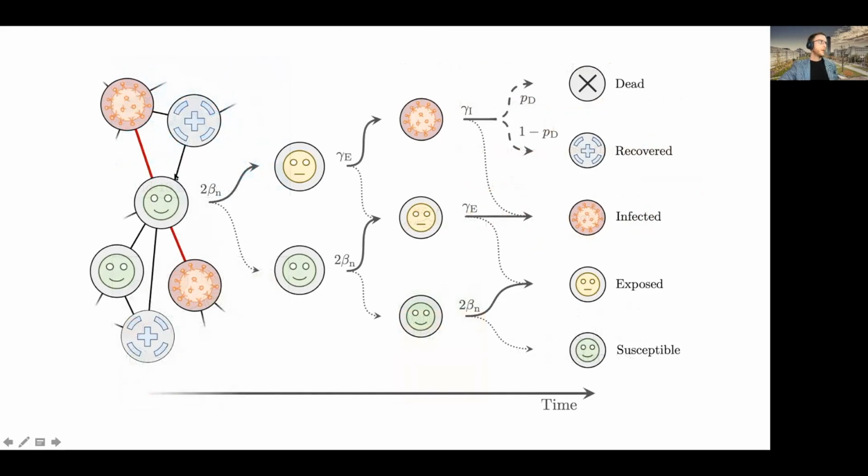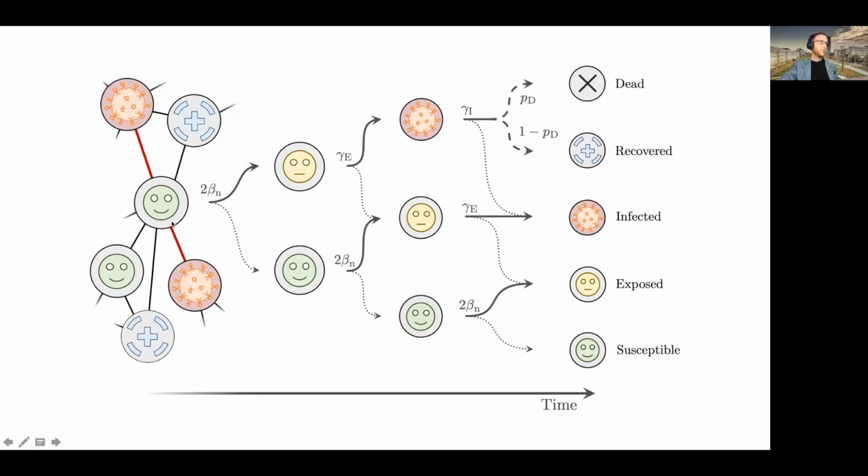If we now zoom in on one single node, for example, here we have one node that is susceptible, meaning that it still has to get infected. We have two nodes that have already been infected, and one that is now recovered and healthy, and each one represents a subject with its own state. These subjects in time can transition from one state to the following one with a certain probability.